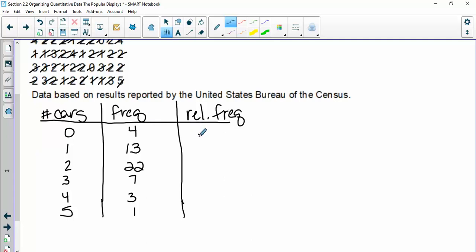So we should have each of those frequencies divided by 50. Any questions on those?